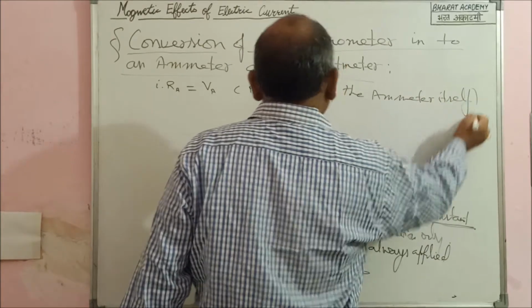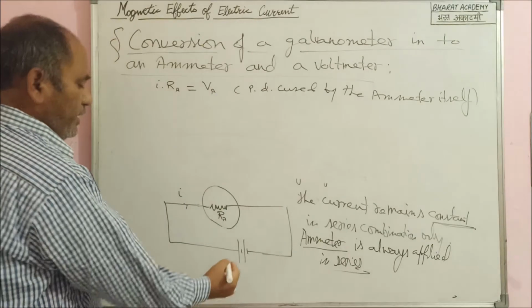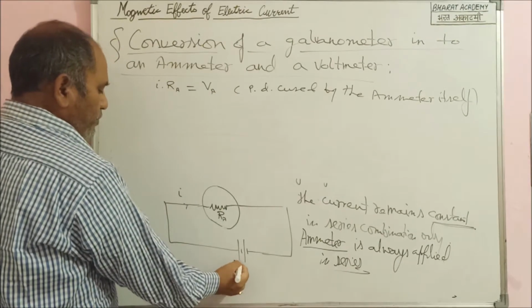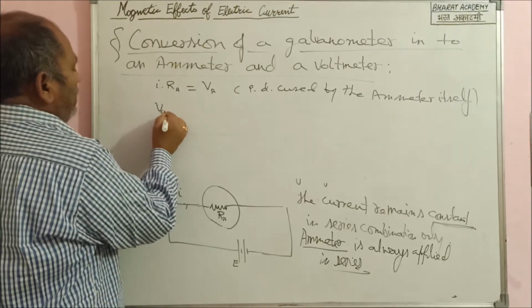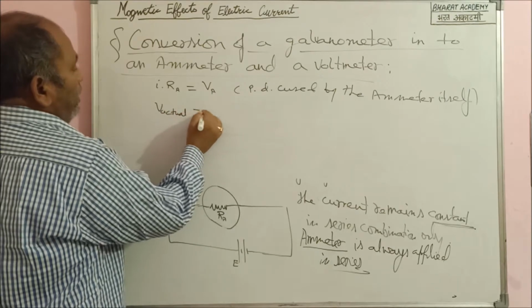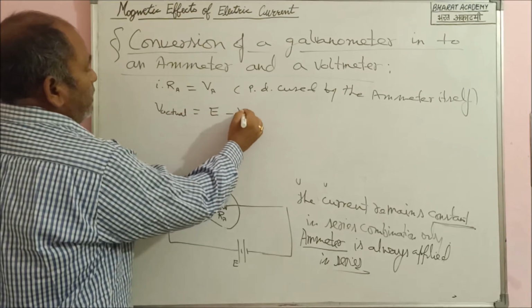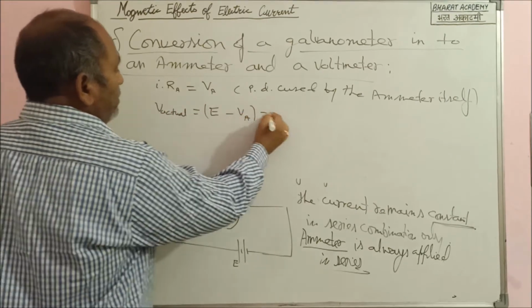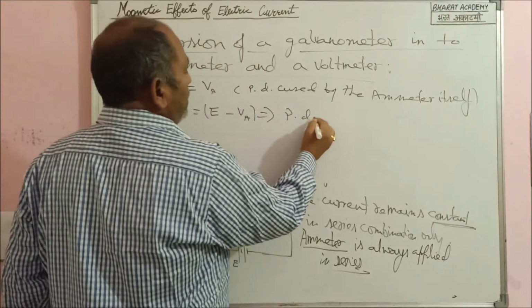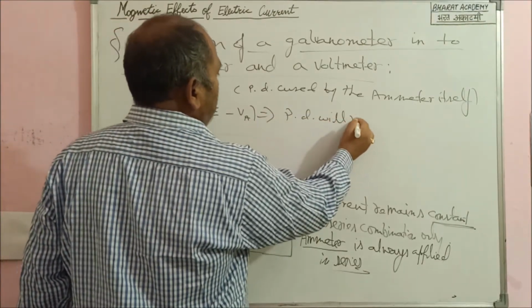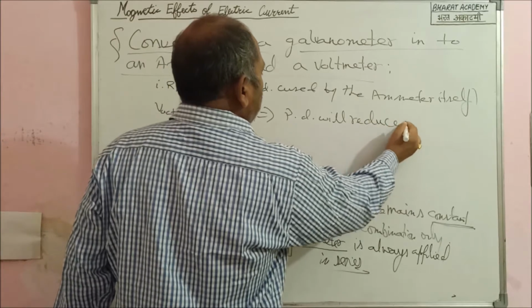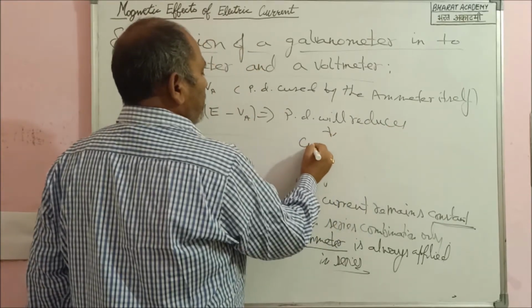What will be its impact? Naturally, the actual potential difference will reduce. So V actual will become E applied minus VA. It simply means PD will reduce, and if PD reduces, current will reduce.